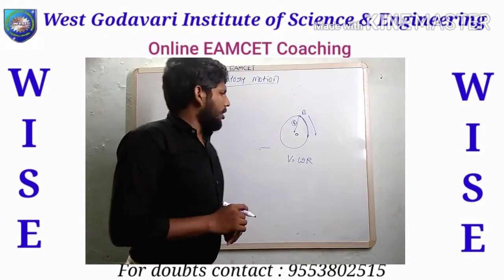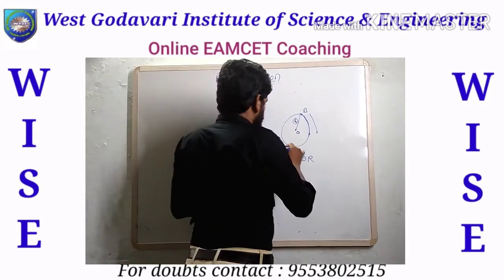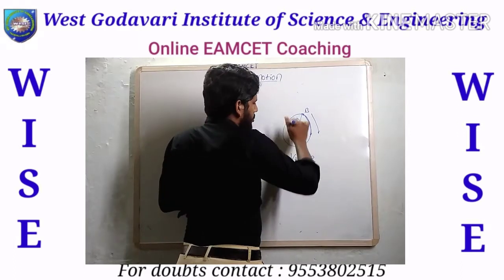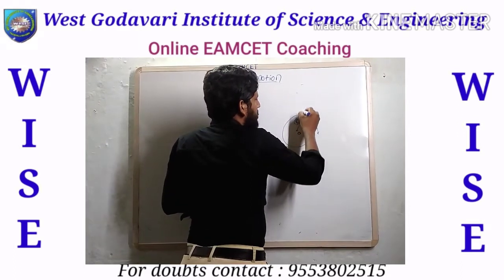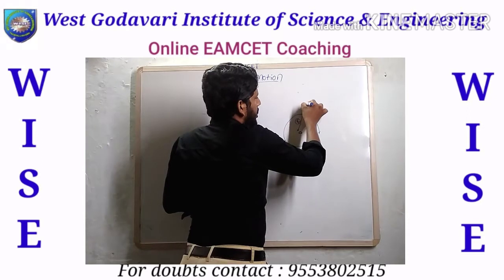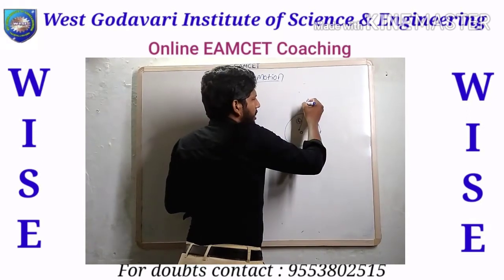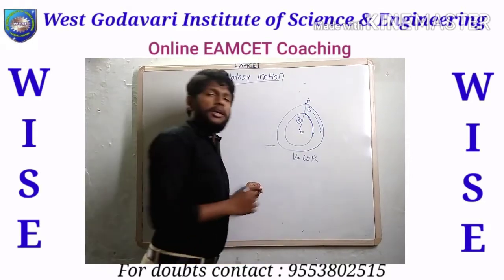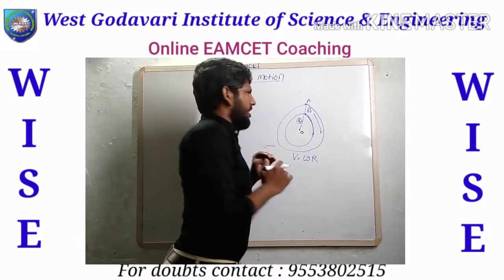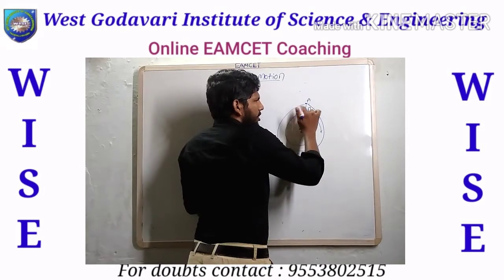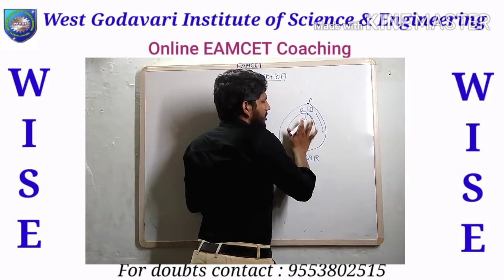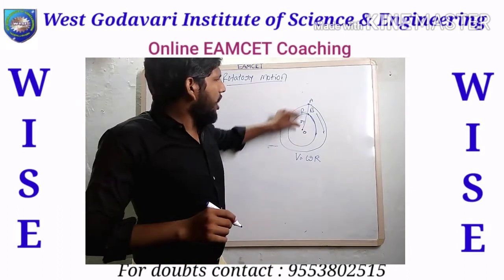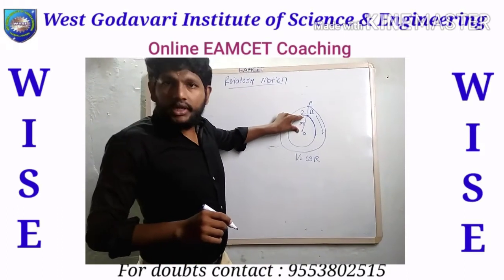Okay, so let us consider another element which is also rotating about O, at radius capital R, named as A, and it is also rotating about the same O. What is the difference here? This capital R is greater than small r. So OA is greater than OB, right?